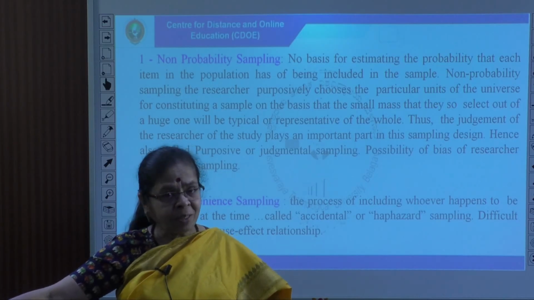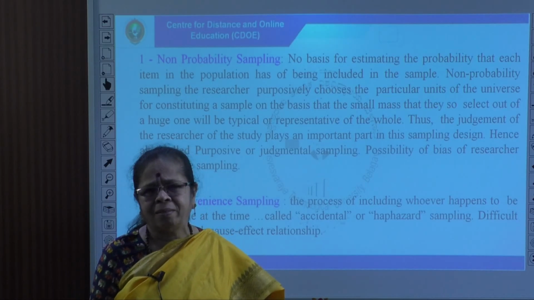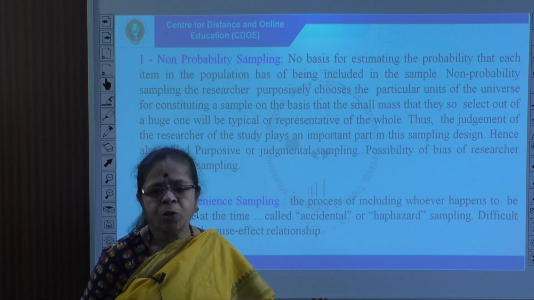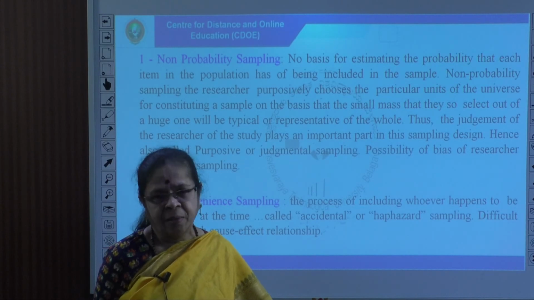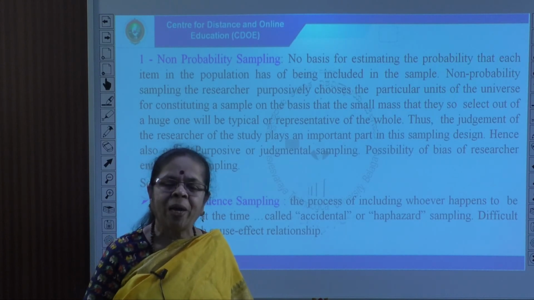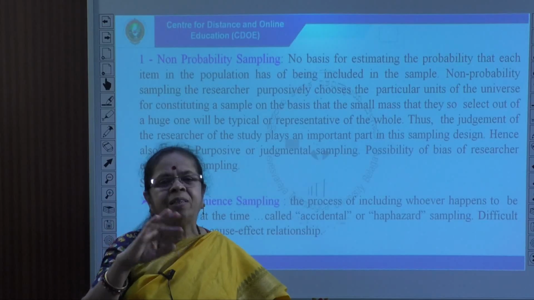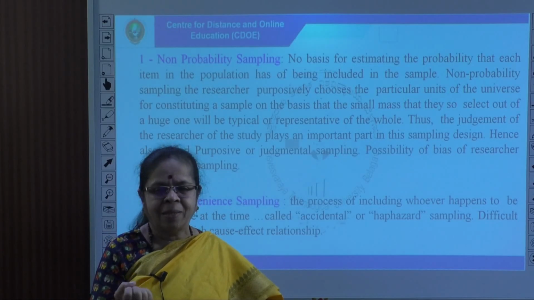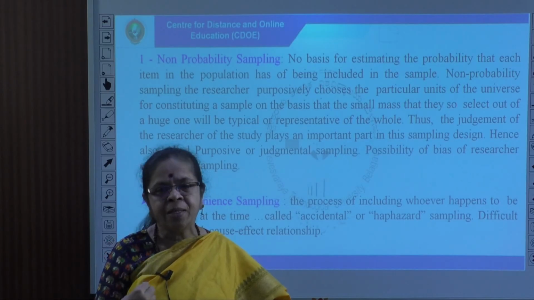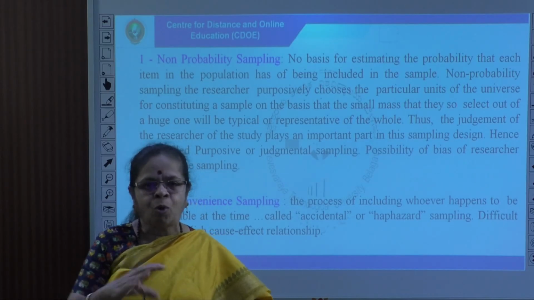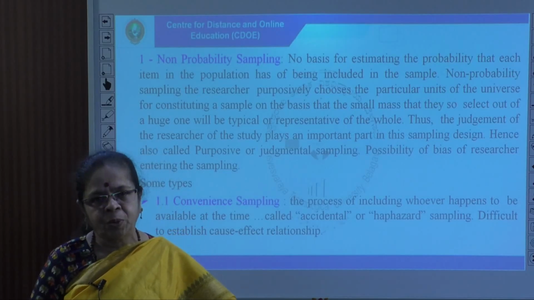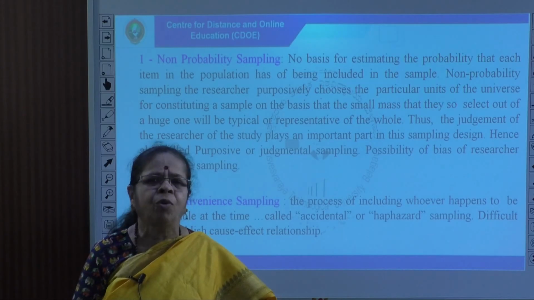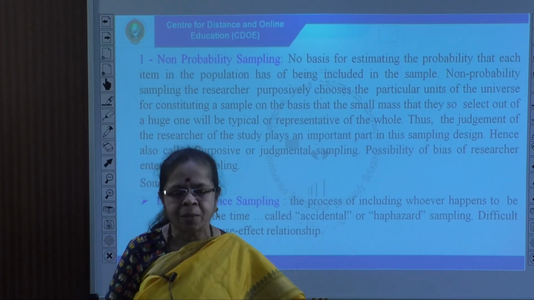Obviously you can see this has no real meaning, I am just choosing because it is convenient to me. It is also called haphazard, accidental, and it is very difficult to establish a cause and effect relationship, because the sample you are choosing out of convenience may not be reflective of the entire population. So, obviously it is not a very good way, but it may work in some cases.